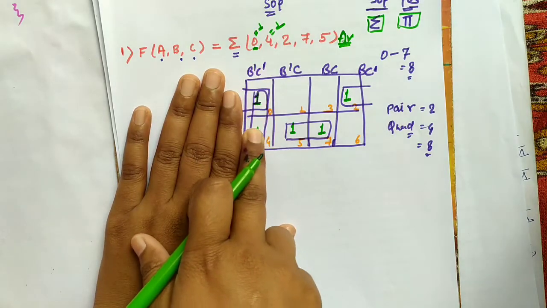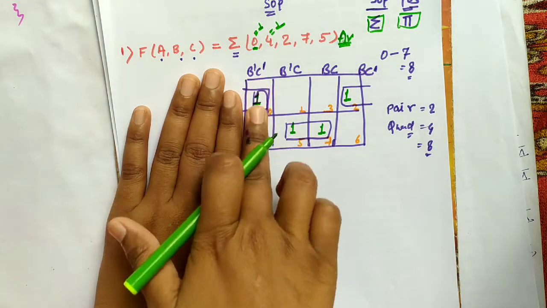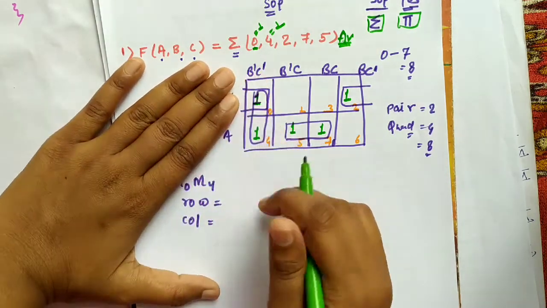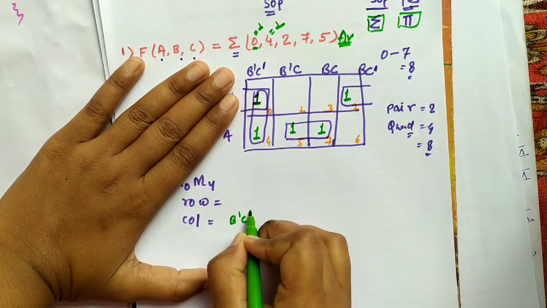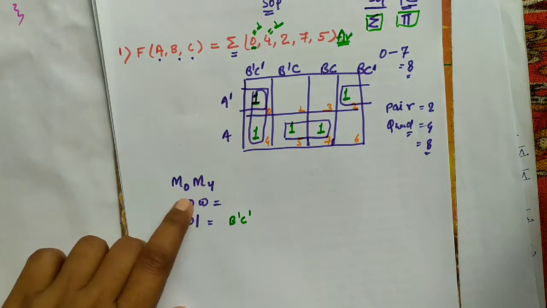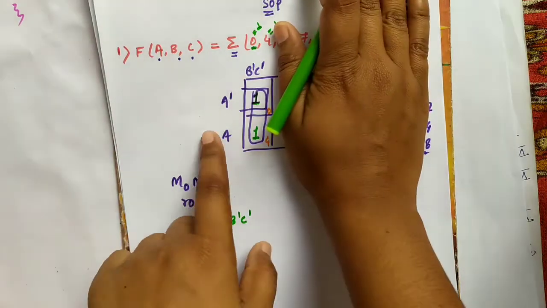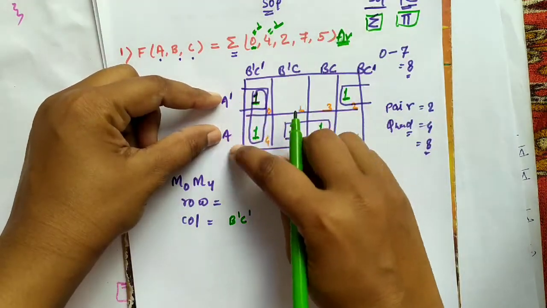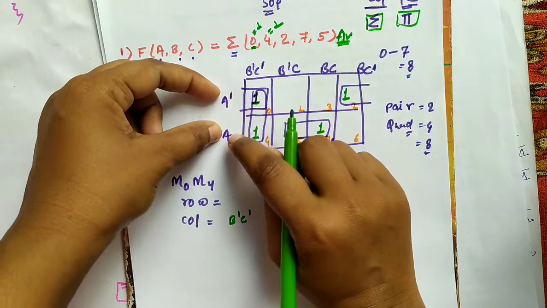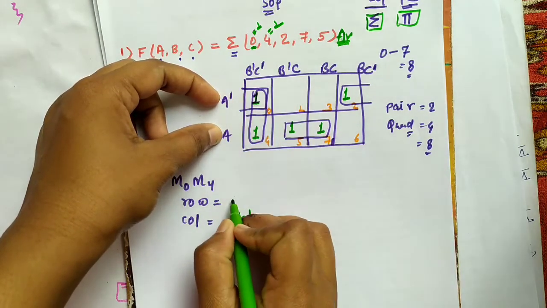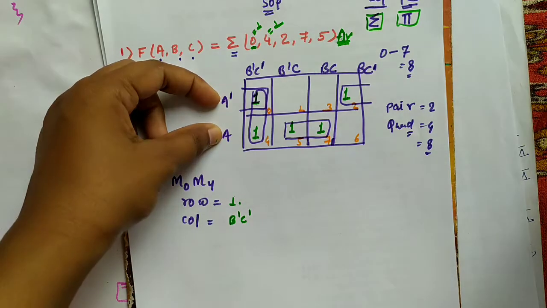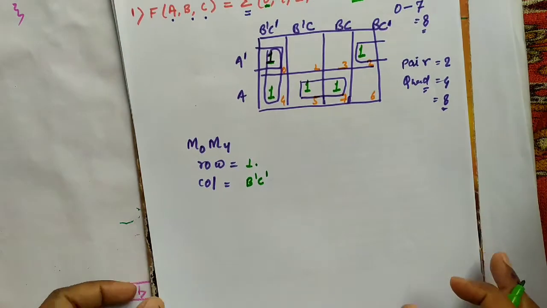In this column, which value is the same? In this column there are two values, B dash and C dash, so in the place of the column we write B dash C dash. But in the row, which value is the same? Nothing is the same, because it is A and A dash. So in the place of the row we write only 1.